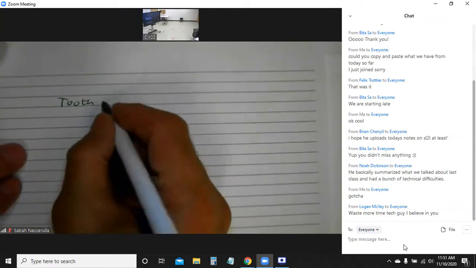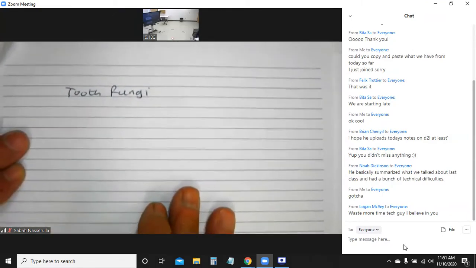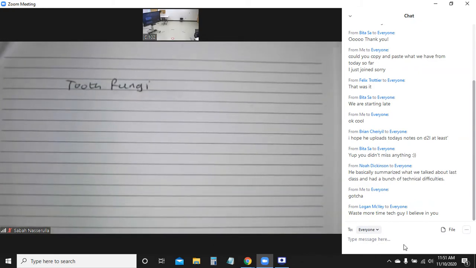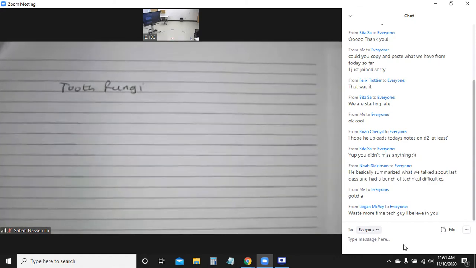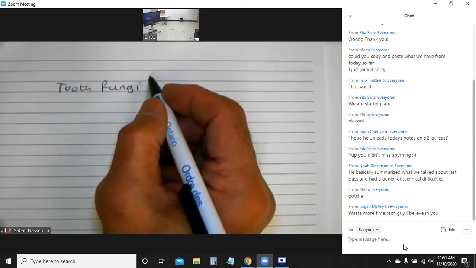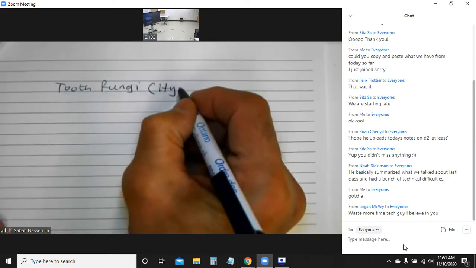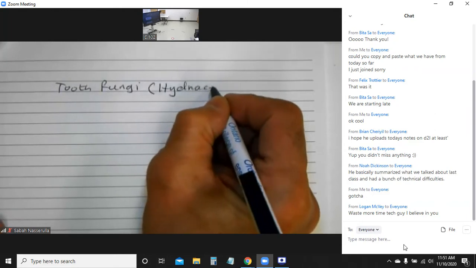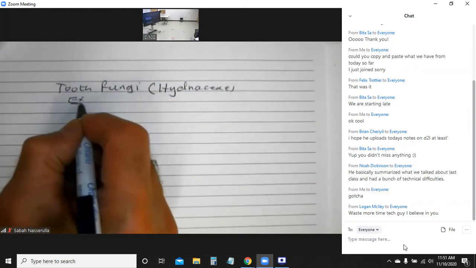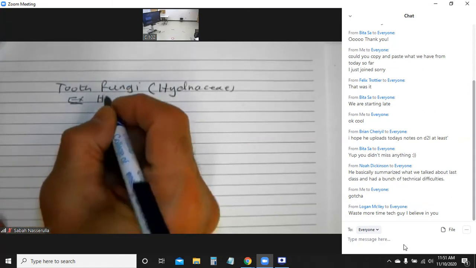Basically, the tooth fungi as a common name belong to the family called Hydnaceae. And the example I just used is called Hericium, that species I showed to you.